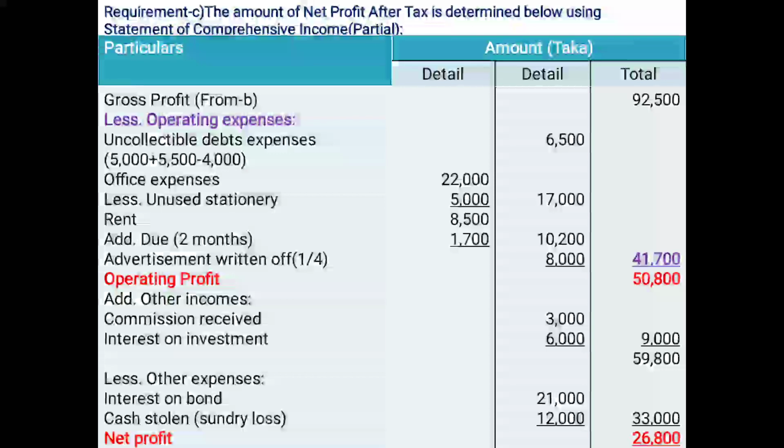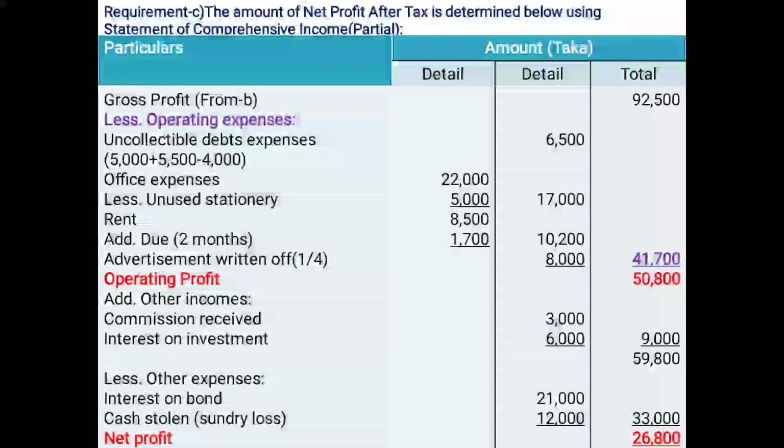Now we can deduct the amount of other expenses from this total amount. Other expenses available: interest on bond from the trial balance, 2,80,000 into 15% into 6/12, dated 1/7/19, that is 6 months used for these bonds. So interest for 6 months is taka 21,000.